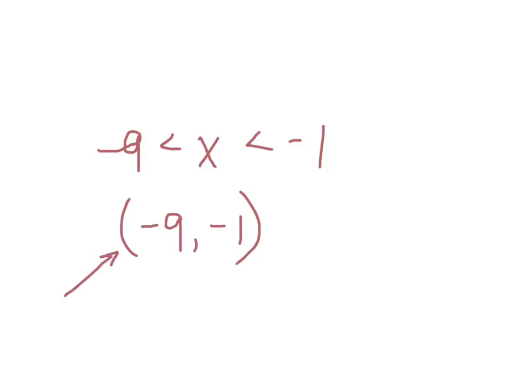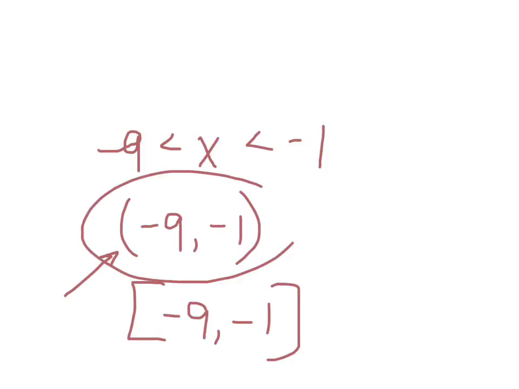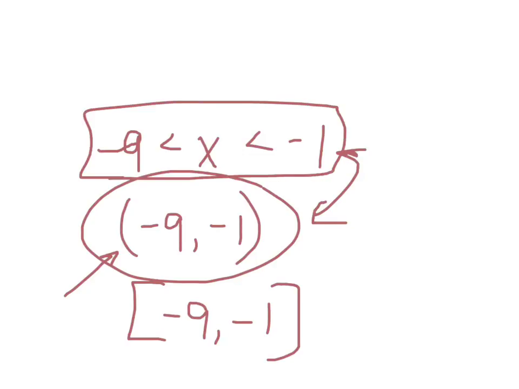This means not equal to. If it was equal to, I would have put brackets around it. If it would have said equal to. That's the only difference. So this is what you're going to see in your future. I will accept either one of those answers if you want to work with the interval notation. Either way, your answer is either this or this.